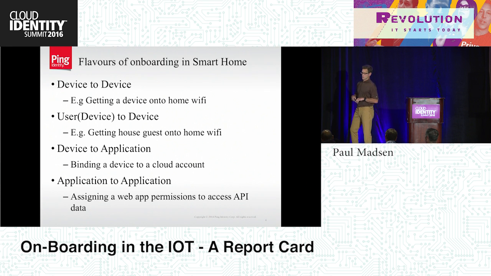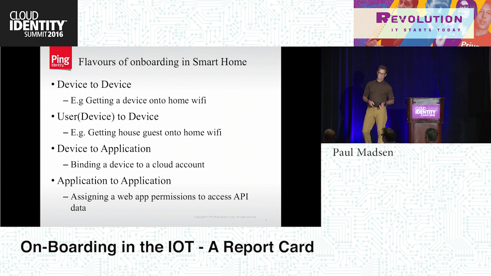Once you've got a device on your Wi-Fi and so connected to the cloud, how do you bind that device to some cloud account, either at the service provider that manufactured it or in an ideal world, an arbitrary service? And lastly, how do you do the same thing between applications?